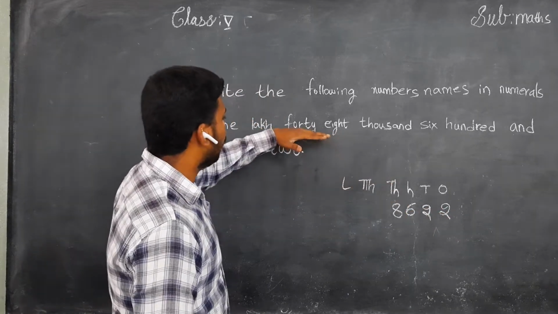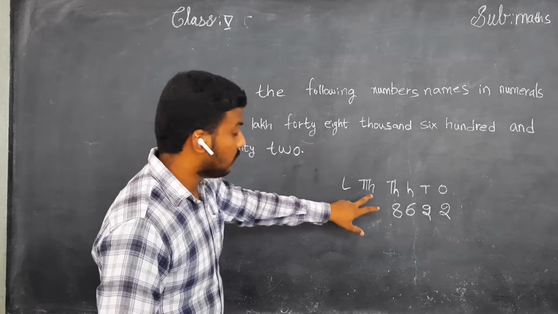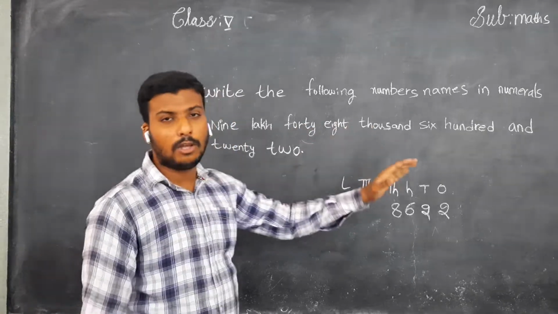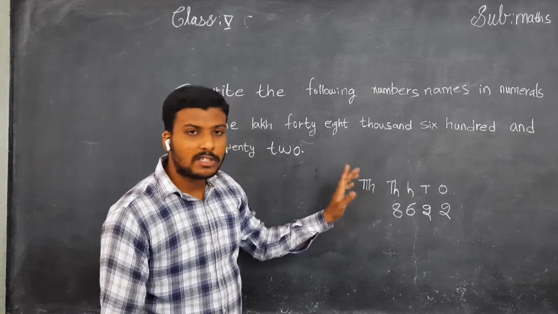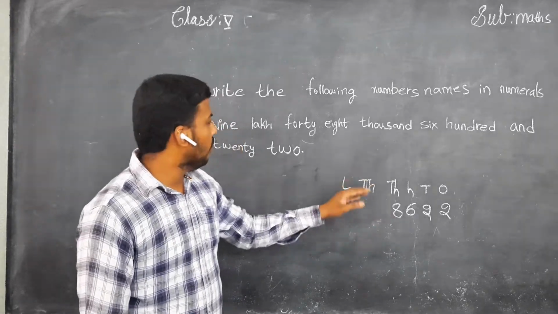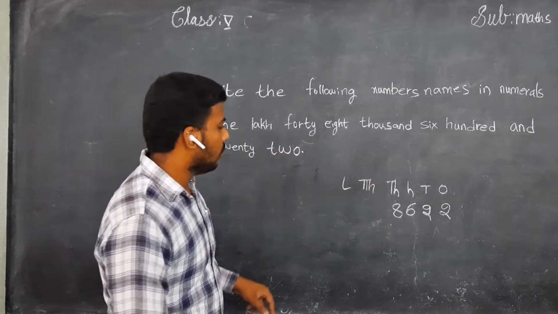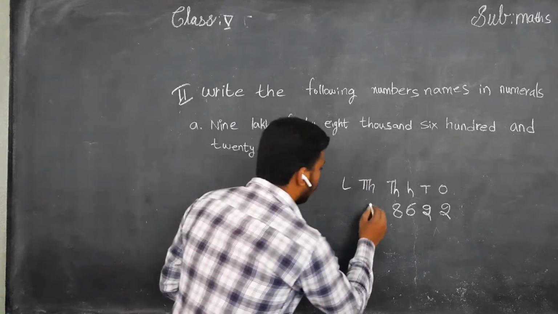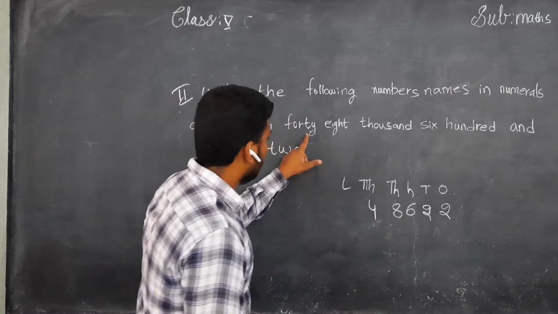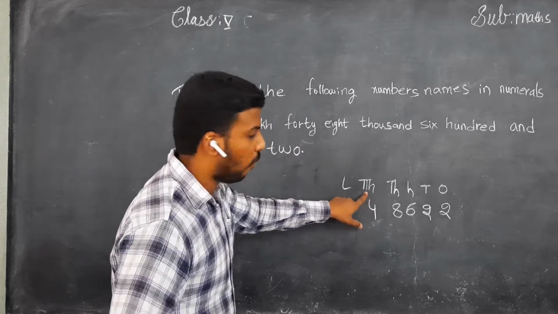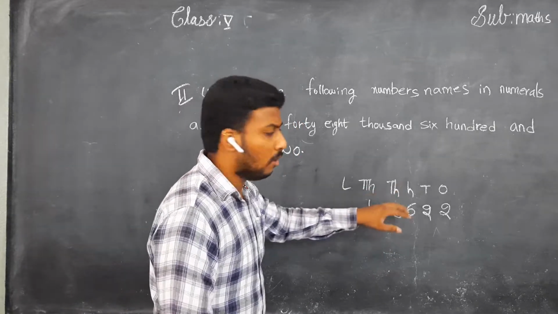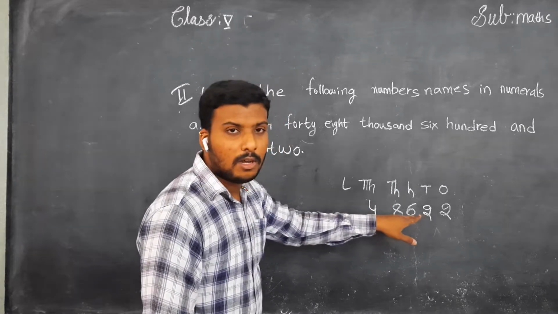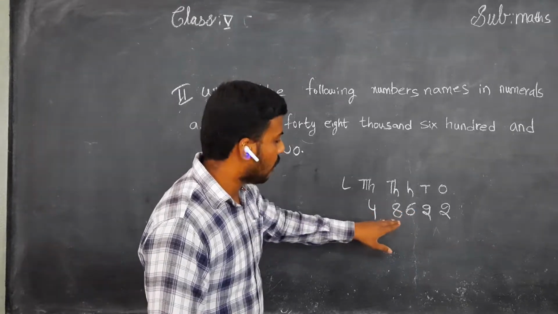But coming to the 4, it is in the place of 10,000s, means 4 into 10,000, 40,000. 40,000 plus 8,000, we got the value 48,000.